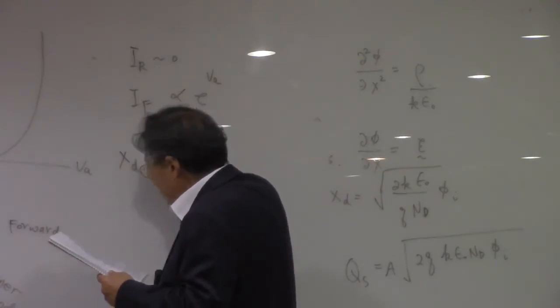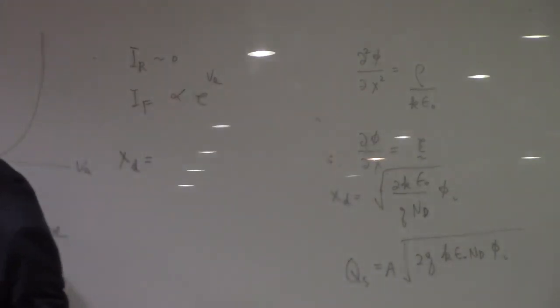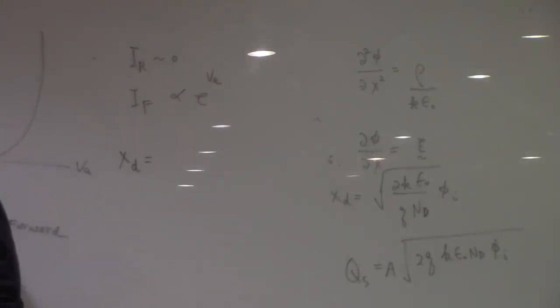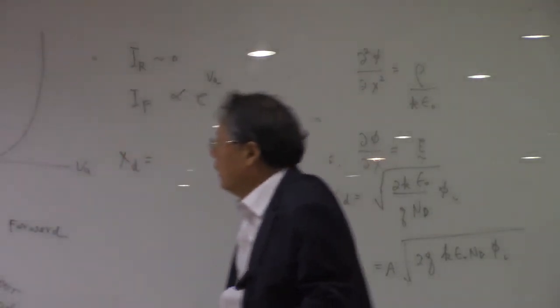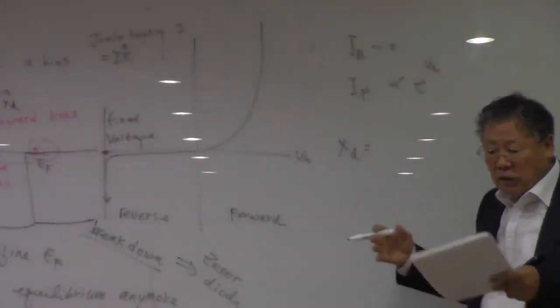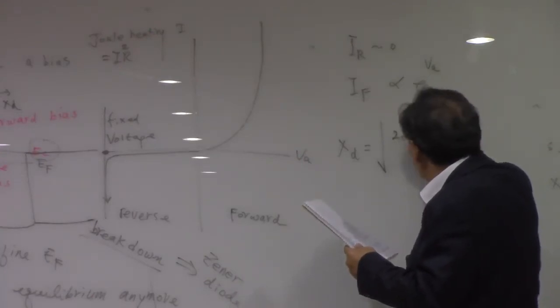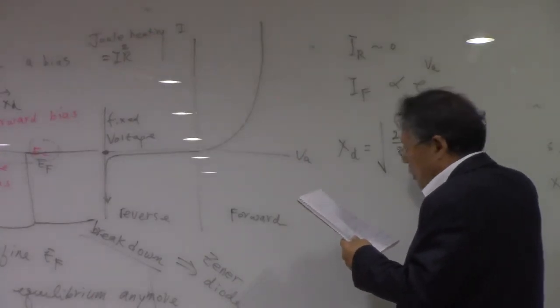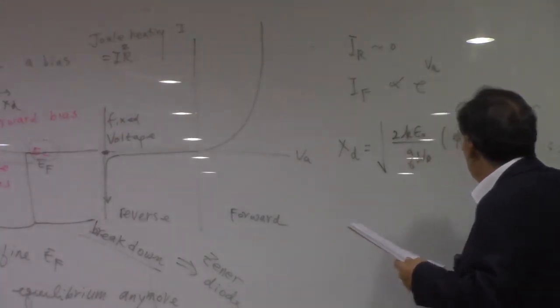And XD, the depletion length here, say this is the XD. Beyond this is equilibrium, the flat. The XD has to be regulated when they apply the voltages. And the way it changes when they apply voltages is going to be with phi I minus VA.